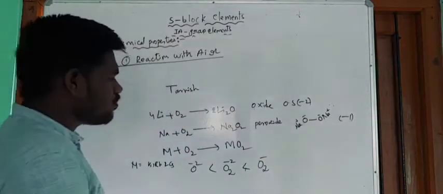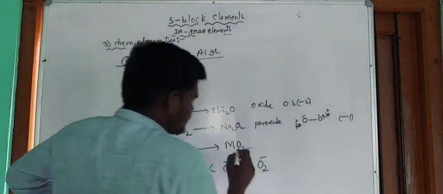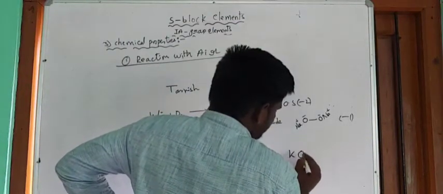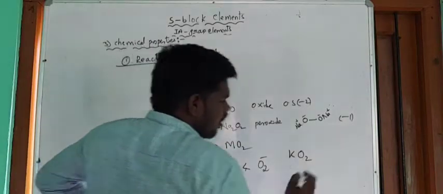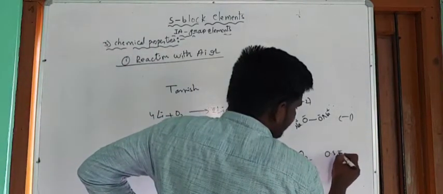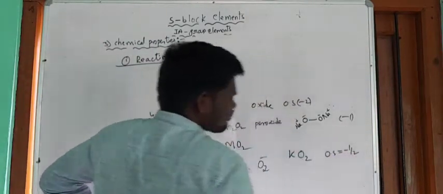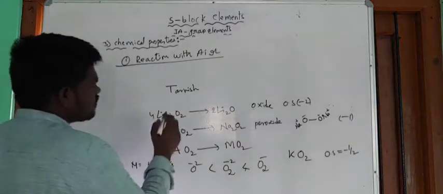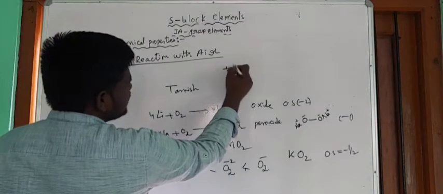In the case of superoxides, if you take KO2, which is a superoxide, the oxidation state on oxygen is -1/2. But all the first A group elements have their oxidation state as +1.